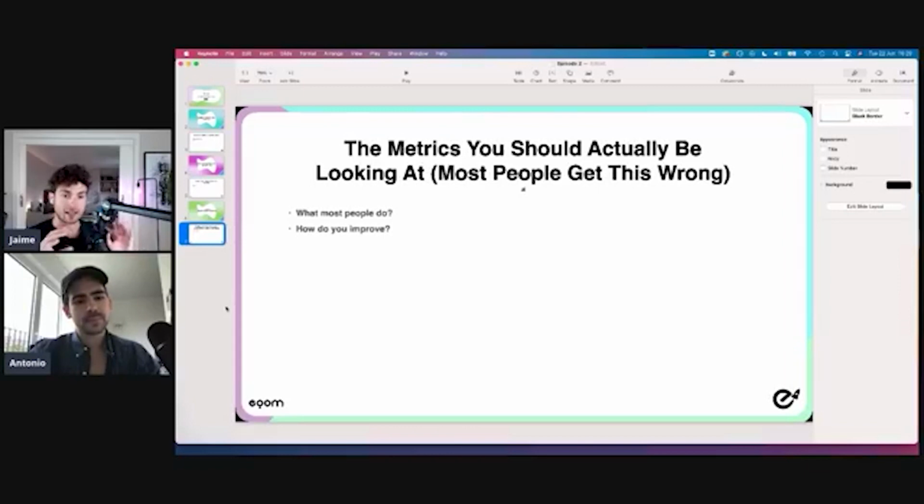So it's a mixture. Number one, looking at a bunch of different data, not just open rate and click-through rate, and obviously how many people take the action. Then when you dissect those data points, understanding what things affect them.